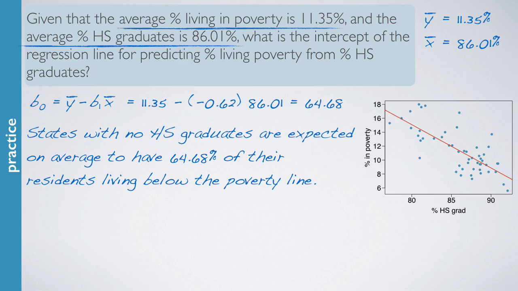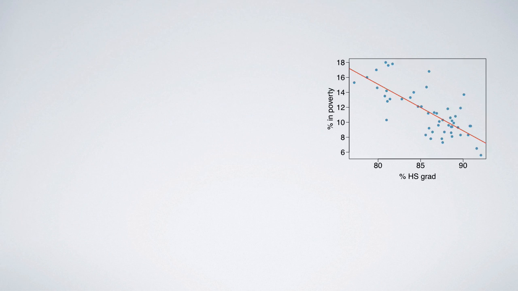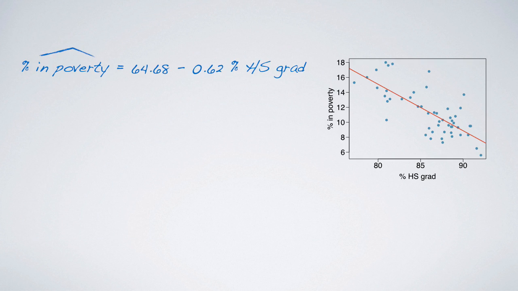However, in context, it is not a very useful number. So putting the information together from the previous two steps, we can write our linear model as the predicted percentage living in poverty is equal to 64.68, the intercept, minus 0.62, the slope, times the percentage that are high school graduates.